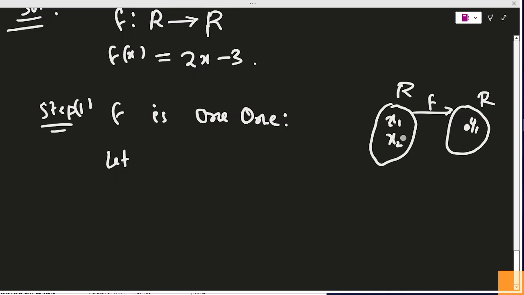x1 का जो इमेज होगा, x2 का जो इमेज होगा वो डिफरेंट होगा. मतलब let x1, x2 belongs to R. f is from R to R. So what is the domain?